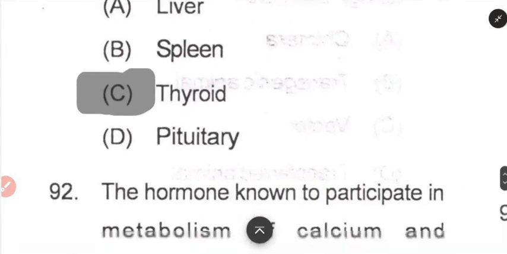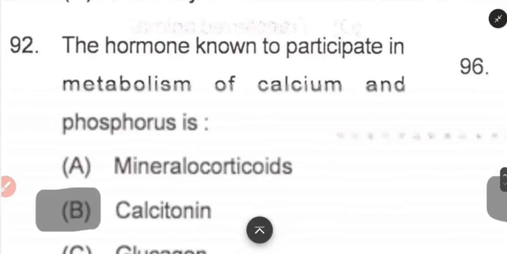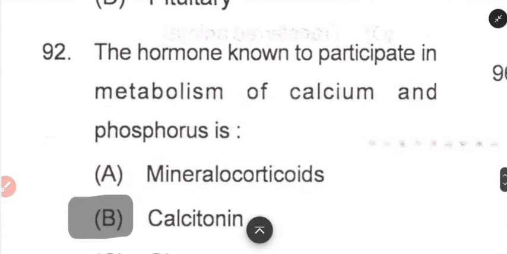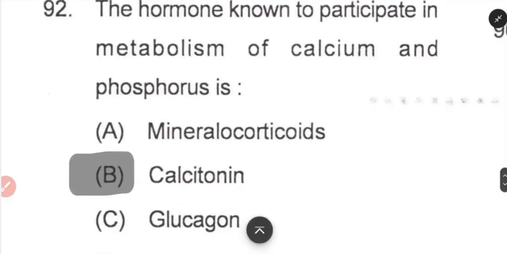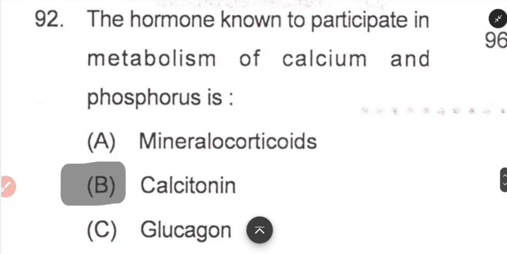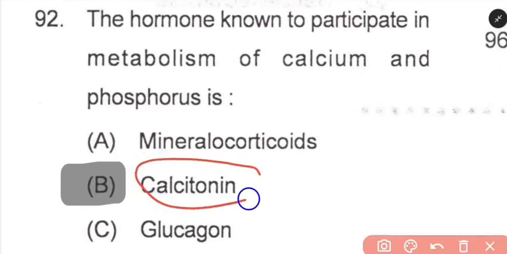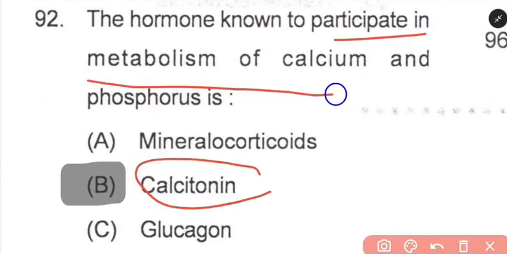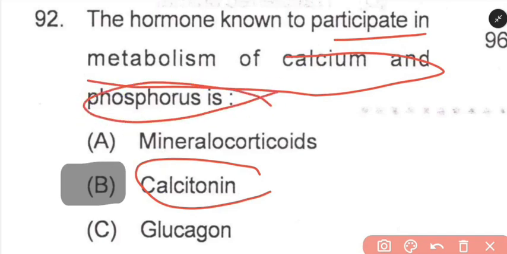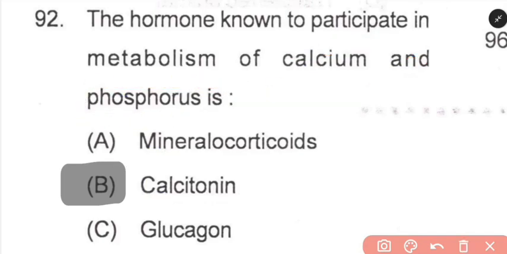Next question: the hormone known to participate in metabolism of calcium and phosphorus is calcitonin.